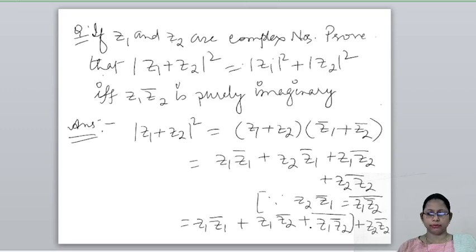Now suppose this is a complex number Z, then Z plus Z conjugate by definition will be twice the real part of Z, that is Z1 Z2 conjugate.